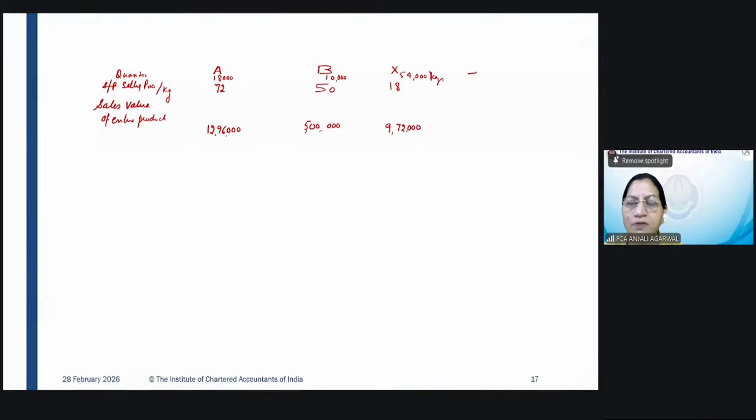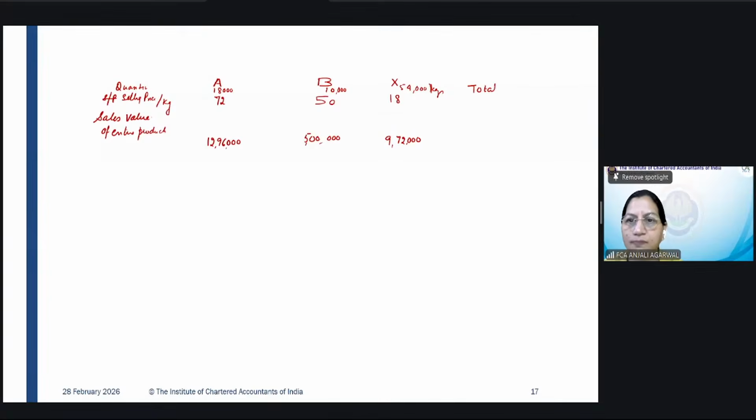And also have a column of total: 972 plus 5 lakh plus 12 lakh 96,000. Twenty-seven lakh 68,000.